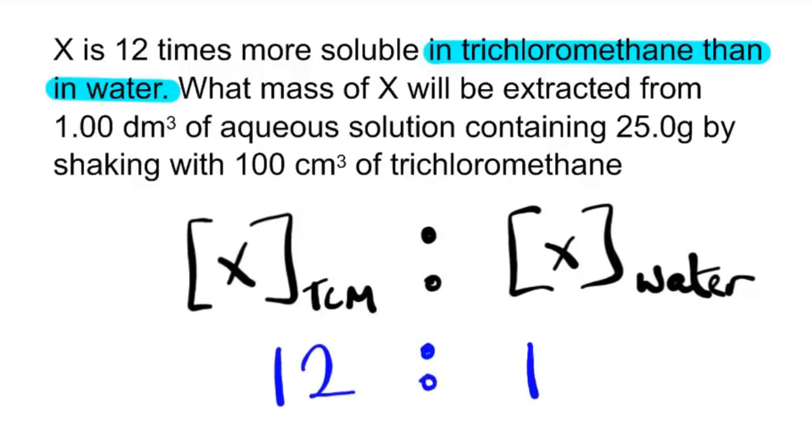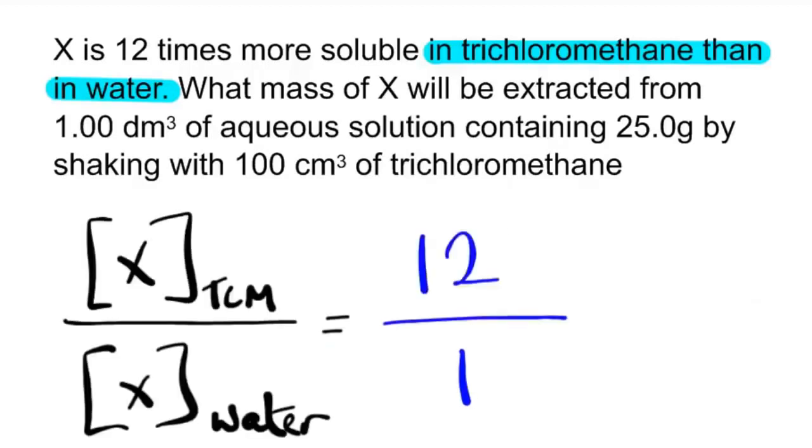And note, we are talking about concentration. That's what the square brackets represent there, concentration of X in TCM, trichloromethane, over concentration of X in water. That's another way you could express it: the concentration of X in TCM over the concentration of X in water is 12 over 1.